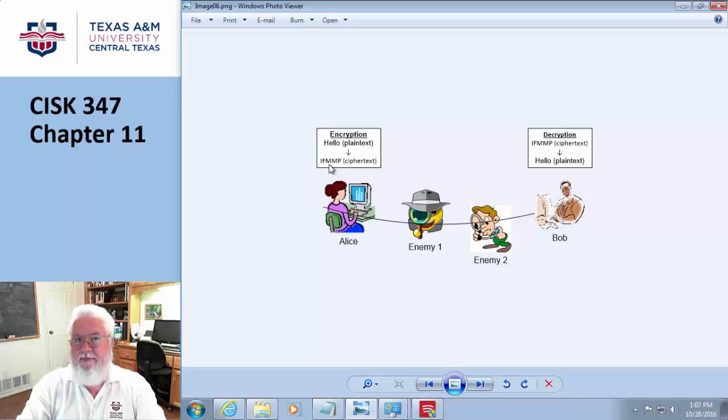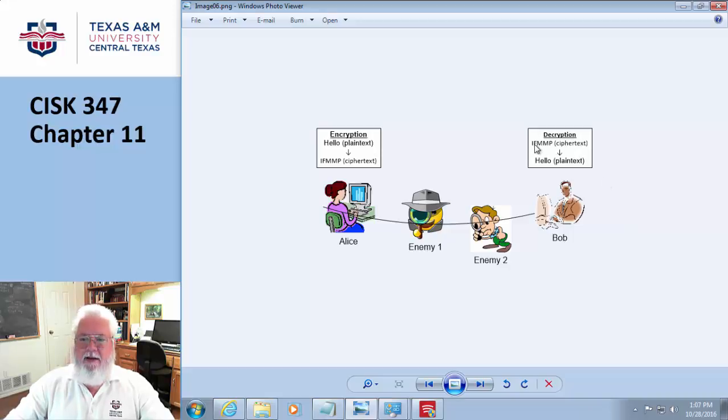There are two broad types of encryption, and we're going to go through each one. One is called symmetric. Symmetric means I have a password that I type in to do this encryption. My password is kumquat, and so the person types in kumquat and it gets converted to IFMMP. Then Bob over here has to also know that same password.